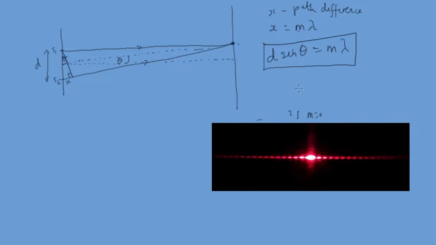And then the minimums would be at m equals a half, m equals 1.5 distance away. So that's what we did in the last lesson, if you want to review that at all.